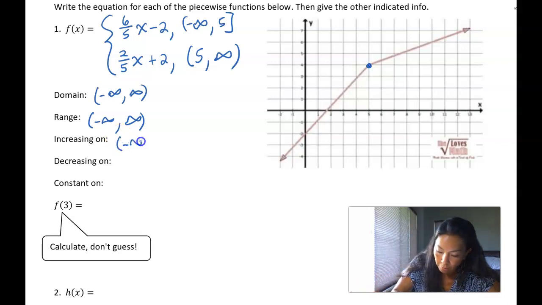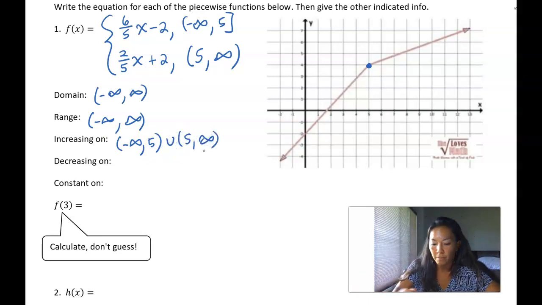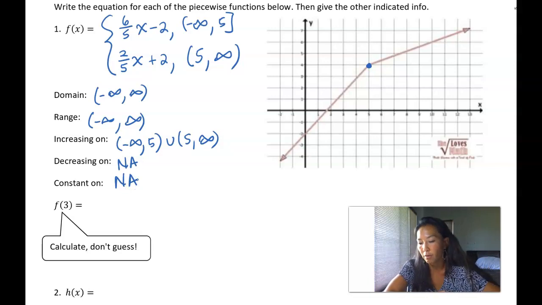So they go from -infinity to 5, and then from 5 to infinity. Like it's increasing everywhere. And then we say none. It's not decreasing anywhere. And then where it's constant, you would say NA, not applicable, for either of those.